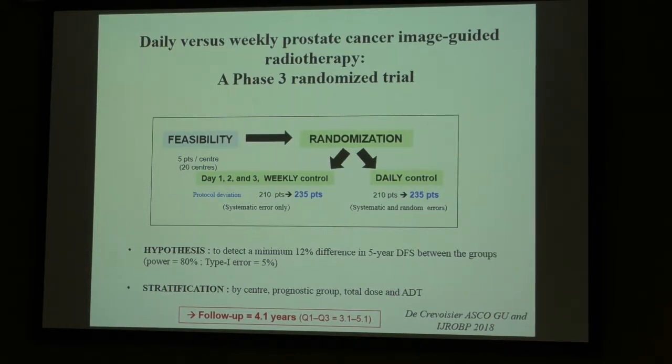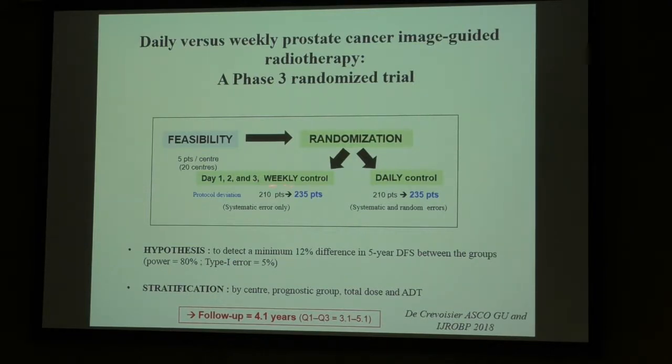This was another question. When I designed this study, it was something like 8 years ago. I wanted at the beginning to show the benefit of IGRT by comparing treatment with or without IGRT. But at this time, even today, it was not really ethical or acceptable to say to a patient, we know that your prostate moves, and we just randomize between no use of any IGRT and the use of IGRT.